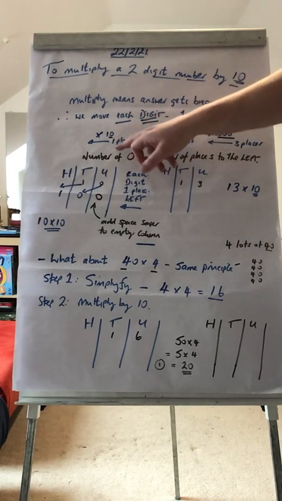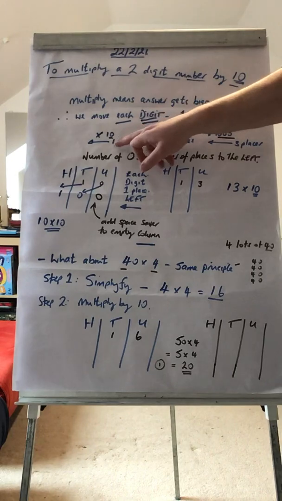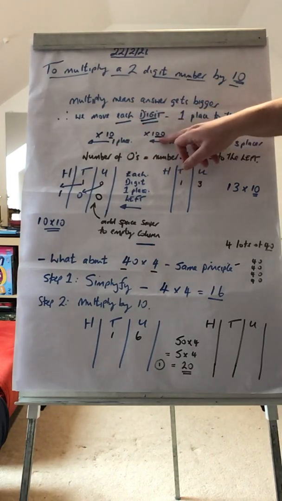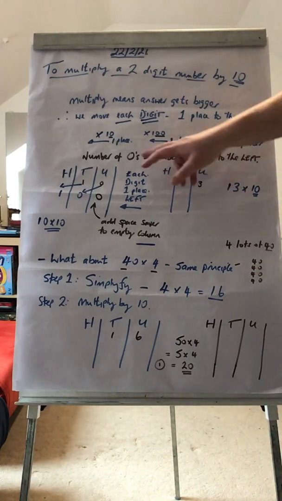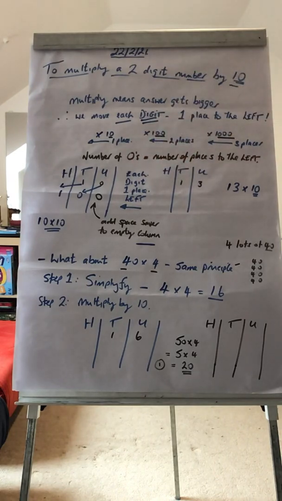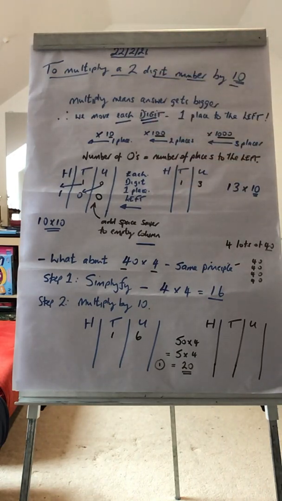Multiplying by 10, there's 1 zero, 1 place. Multiplying by 100, 2 zeros, 2 places. And multiplying by 1,000, 3 zeros, 3 places. The number of zeros will tell you how many places each digit needs to move by.